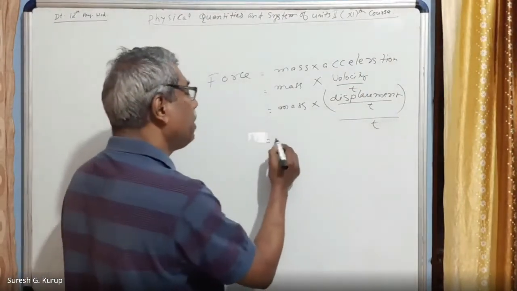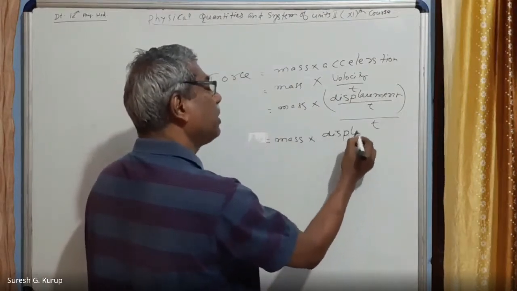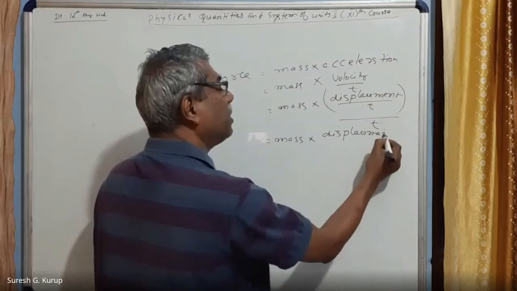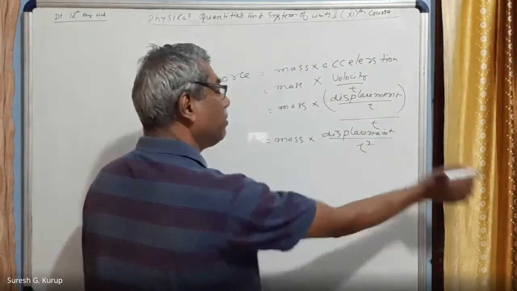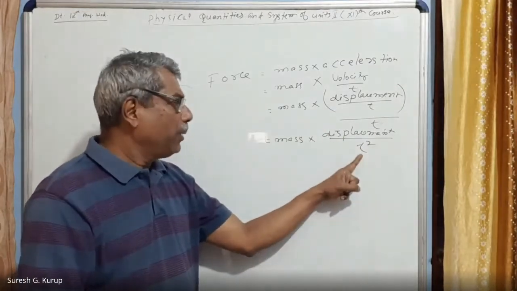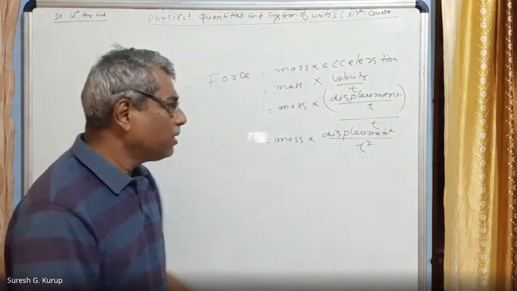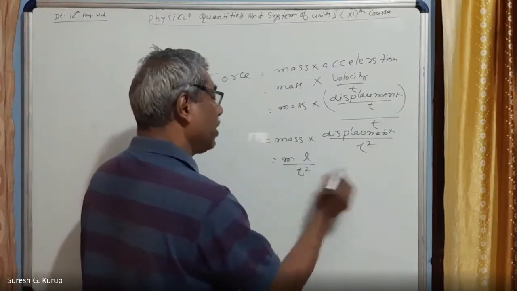This is equal to mass into displacement divided by time square, right? Displacement is a length, time, and mass. This is equal to m into L divided by t square, I can write.